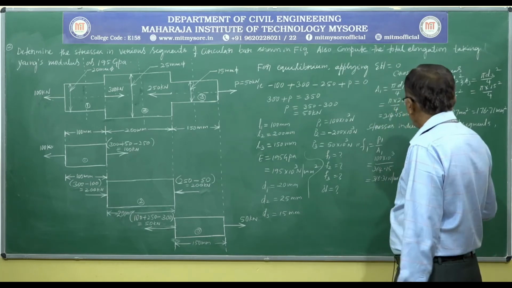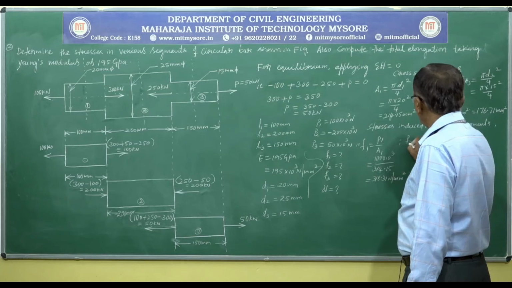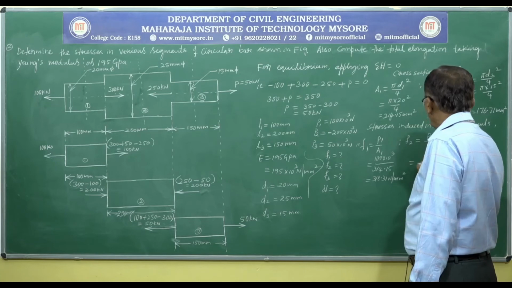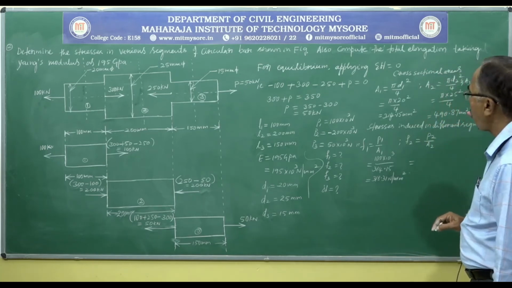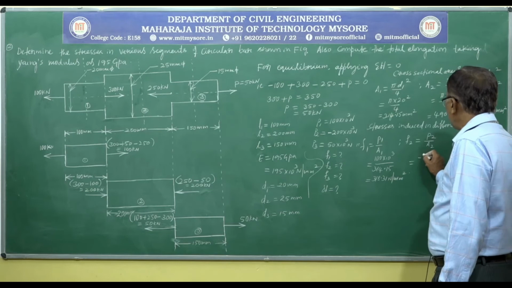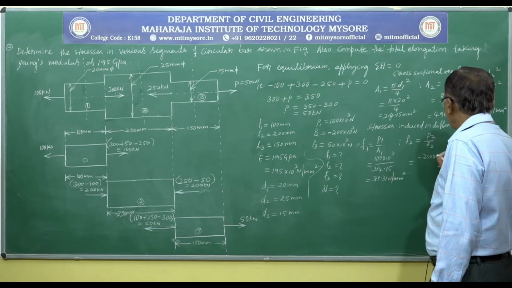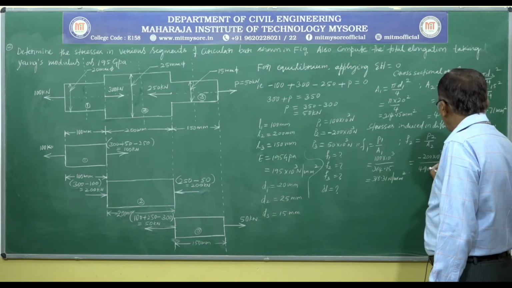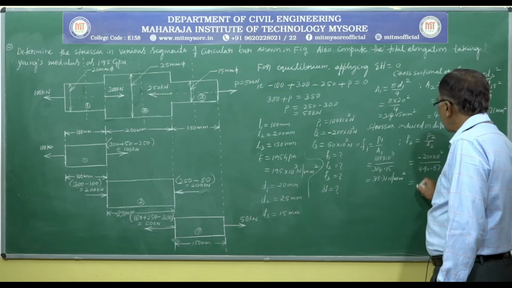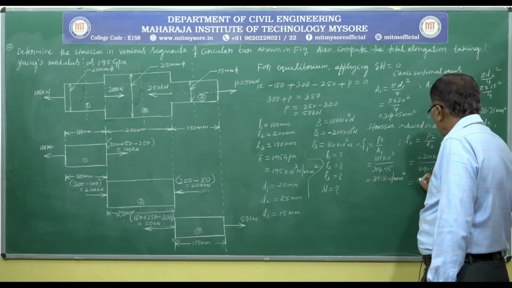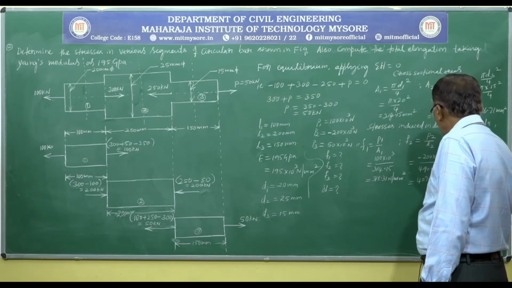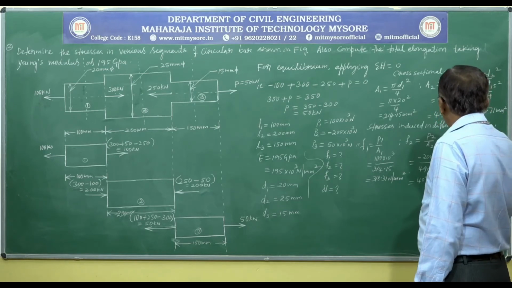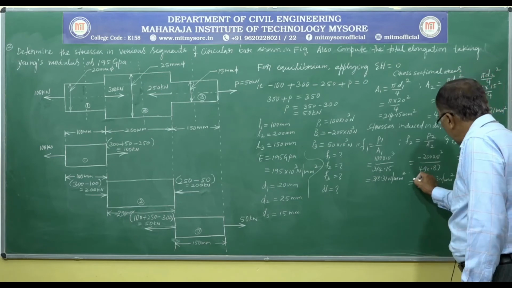Next, F2 is equal to P2 divided by A2. P2 is equal to minus 200 into 10 power 3 divided by 490.87, that is equal to 407.43 Newton per millimeter square, and it is of course negative.